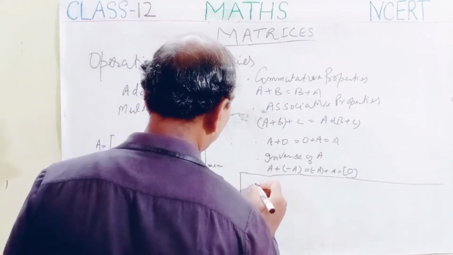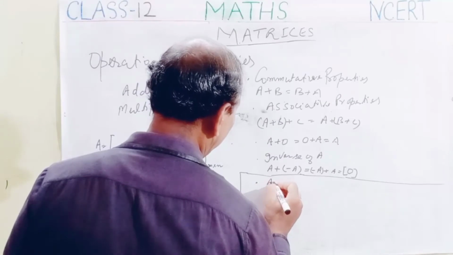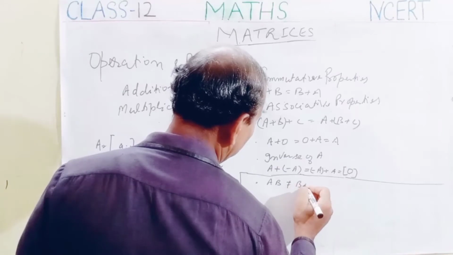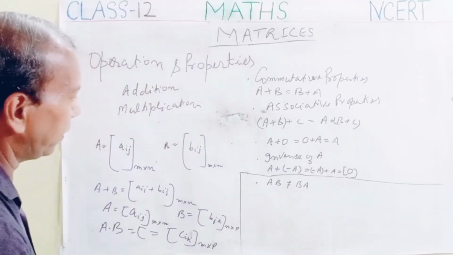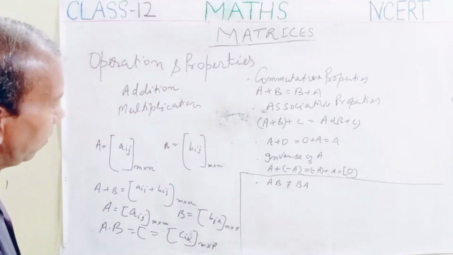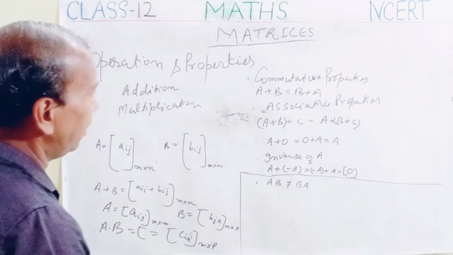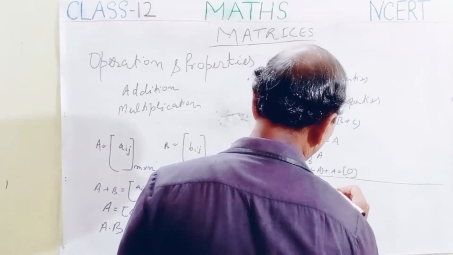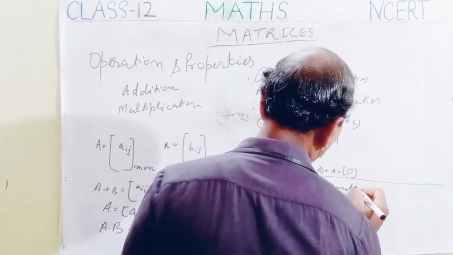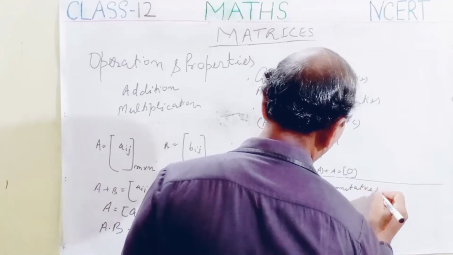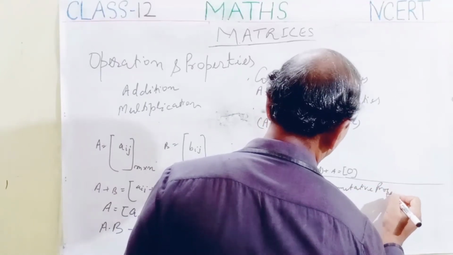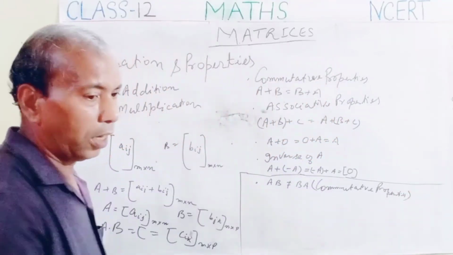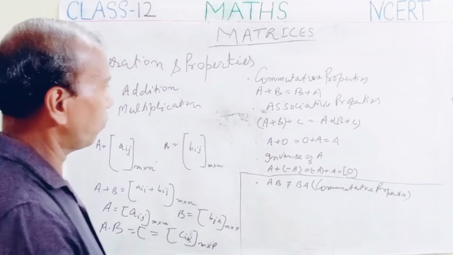That is A into B is not equal to B into A. So the commutative property is not true for multiplication.